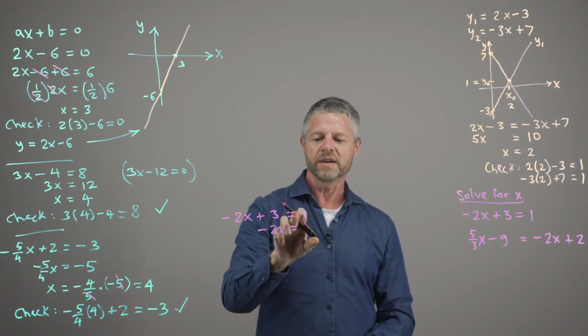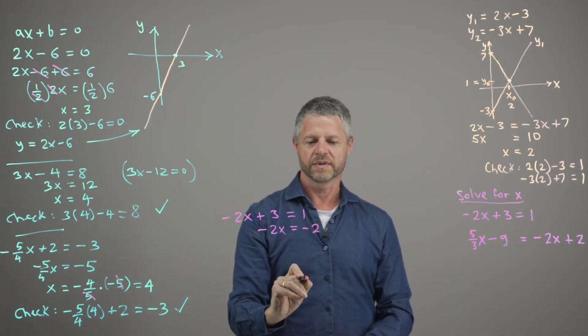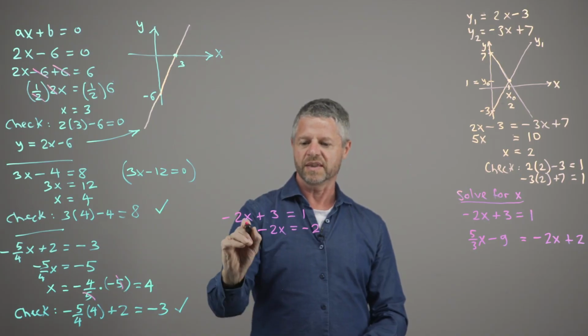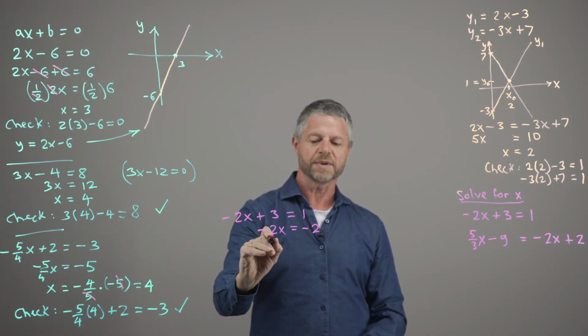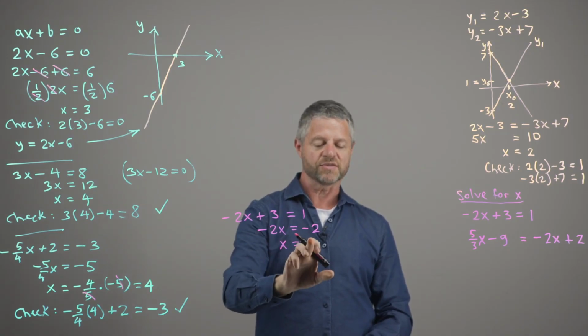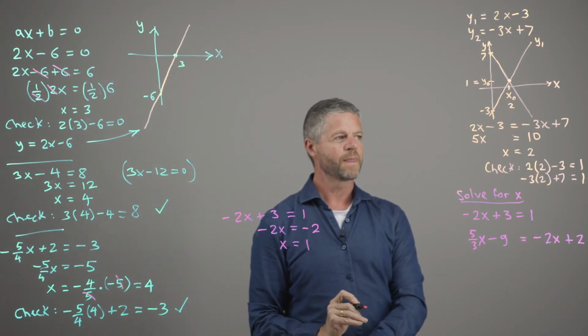And we've got 1 minus 3, so we'll have minus 2. And then if we divide both sides by minus 2, we have x on the left-hand side, and on the right-hand side, minus 2 divided by minus 2 is 1.